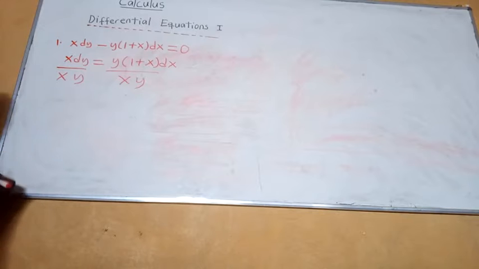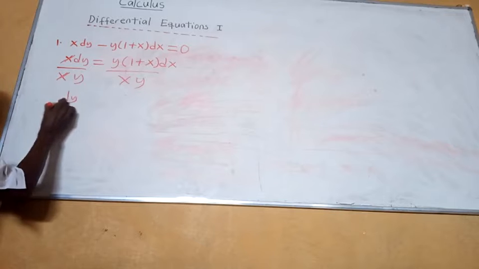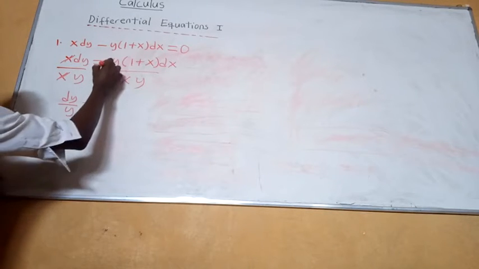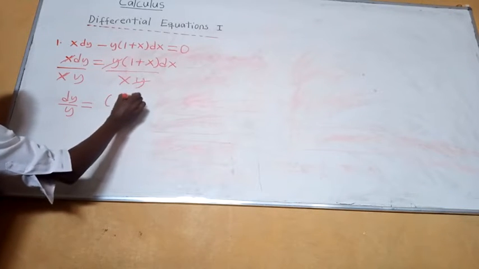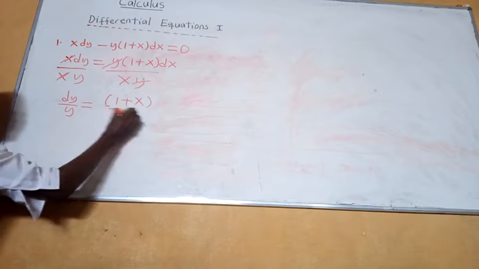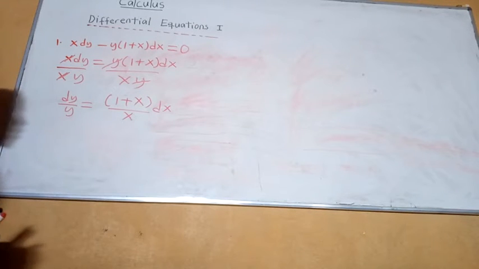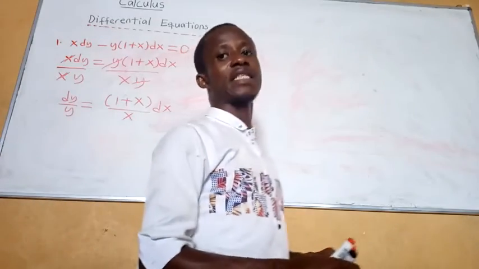We can clearly see that x will cancel x. We have dy/y equal to, we can also see that y cancels y, so we have (1 + x)/x dx. Now, we can see that our variables have been separated.